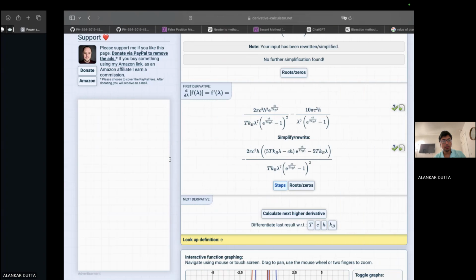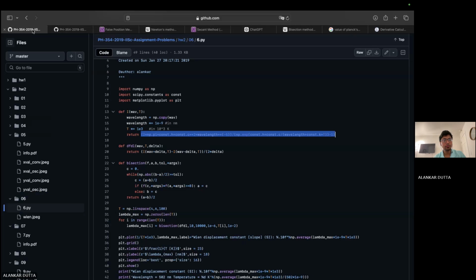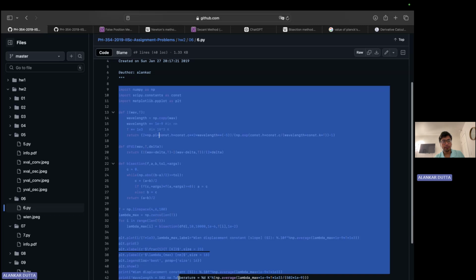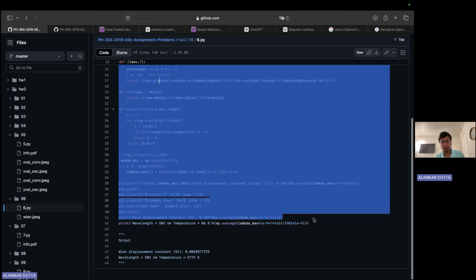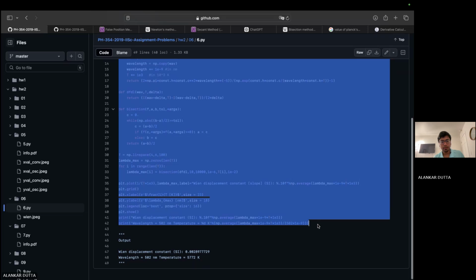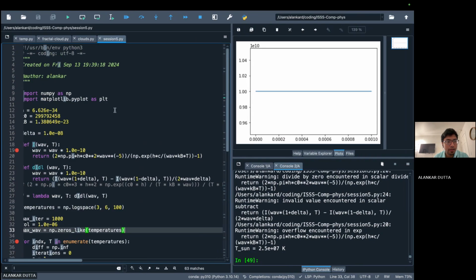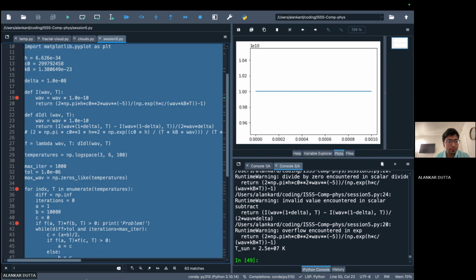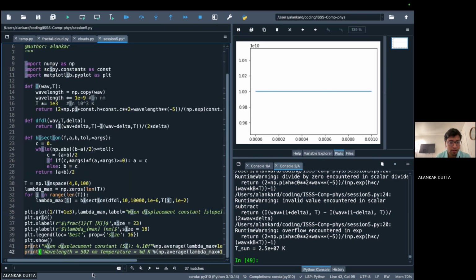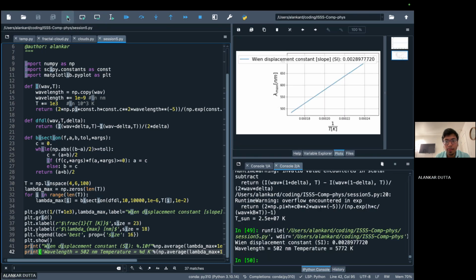So let's try to copy this and see whether we are able to at least reproduce this or not. Then we will try to figure out what's happening. Right. Okay, this works. Here.